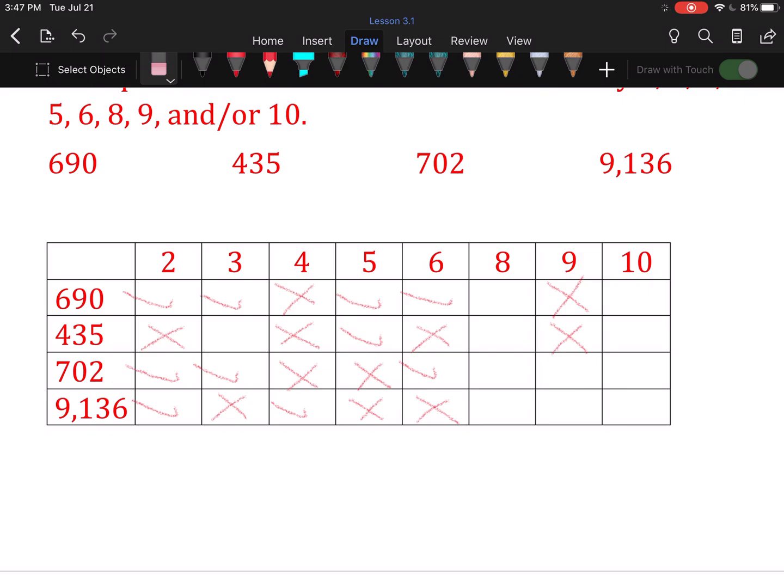So if anybody was hollering at me that this box should be a check mark, you are correct. We've now fixed that. 702, 7 plus 2 is 9. 9 does divide by 9. And 9 plus 1 is 10, plus 3 is 13, plus 6 is 19. 19 does not divide by 9. And 10, let's see. Last digit has to be 0, so that only works for the first number.